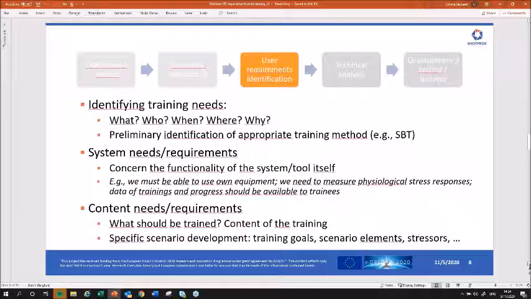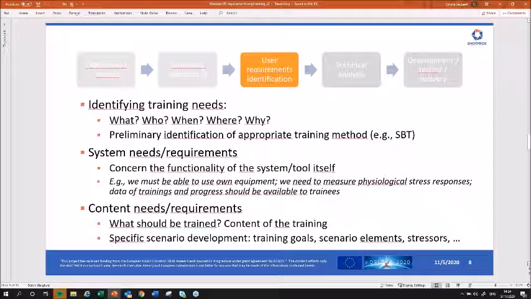Then the next step is, okay, you have your system. So you are able to perform a training trajectory, but then of course you also need content. So what are you going to train? And especially in scenario-based training, an important aspect is that you have to develop scenarios.